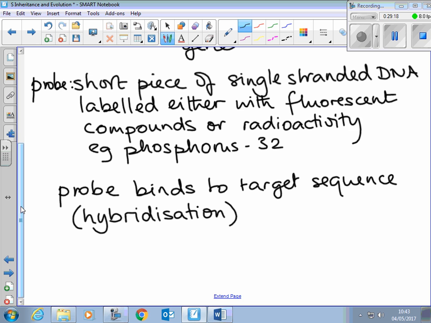Now, the other one there, FISH, this in itself is actually a potential topic, I would say. So I'm going to add it to the board. And that does not mean fish generally. FISH as a topic in this context means fluorescence in situ hybridization. Now, fluorescence, we've met that.